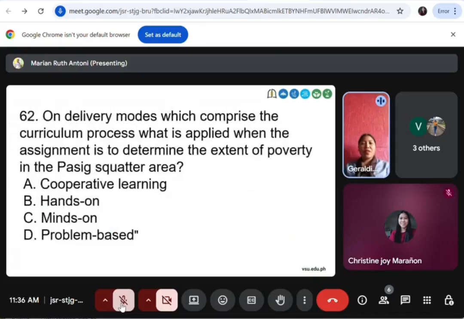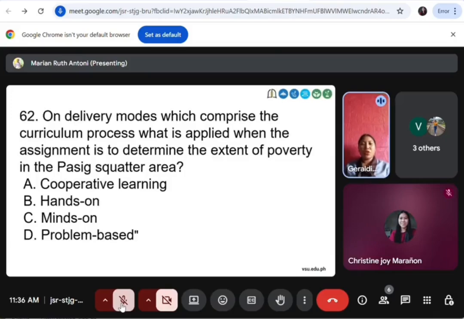So the next item is on delivery modes, which comprise the curriculum process. What is applied when the assignment is to determine the extent of poverty in the Pasig squatter area? A. Cooperative learning. B. Hands-on. C. Minds-on. Or letter D. Problem-based.